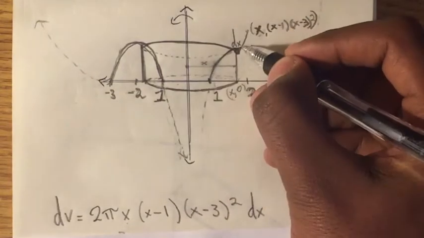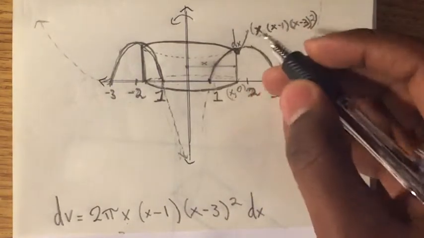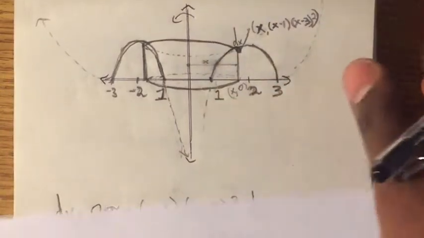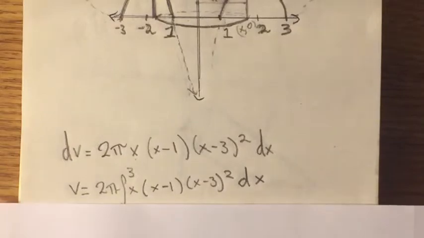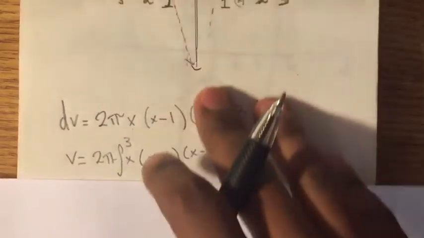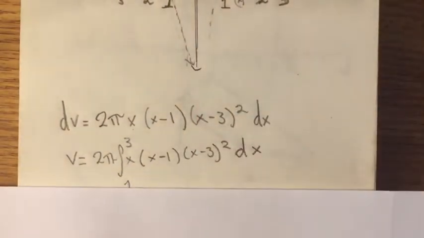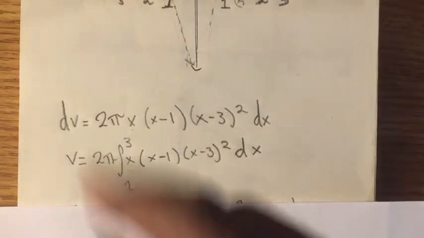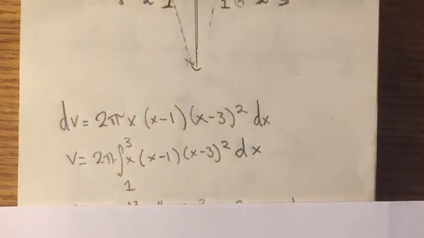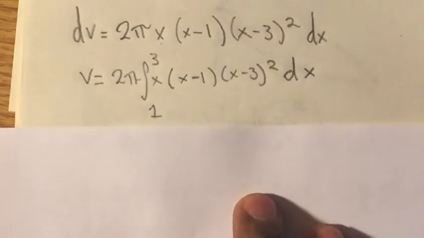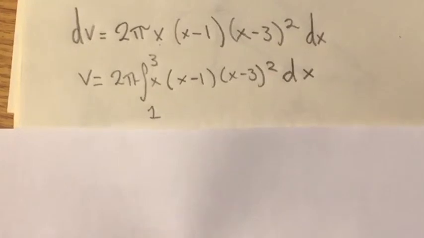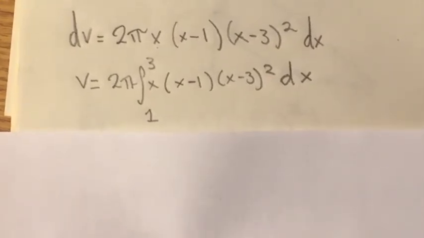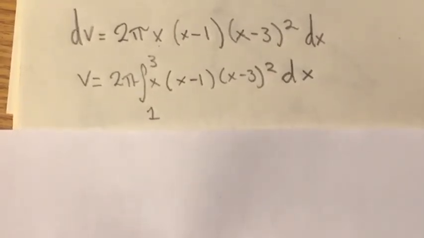And of course, we can't forget the dx, which is the width of that segment. Then, in order to find the volume, we take the integration on both sides. So volume is equal to 2 pi, the integral from 1 to 3 of x times (x minus 1) times (x minus 3) squared dx.